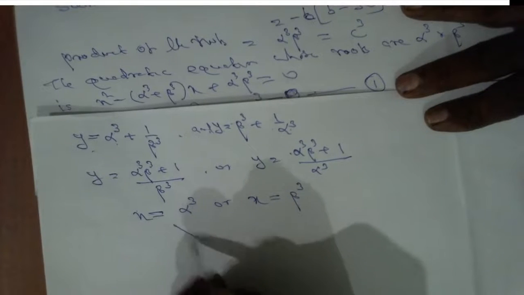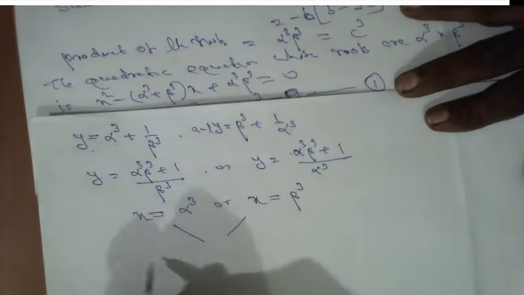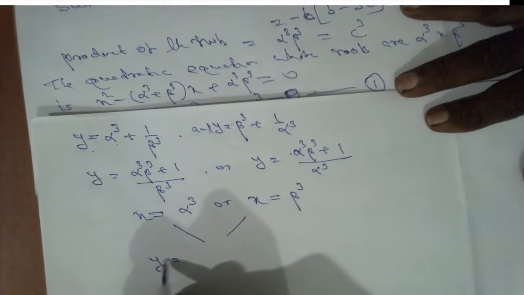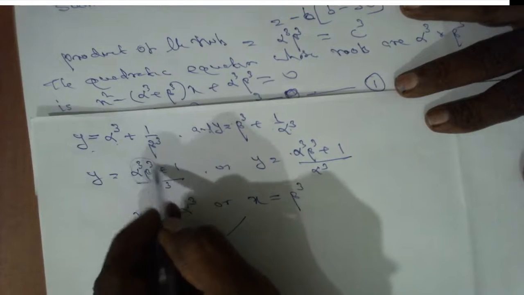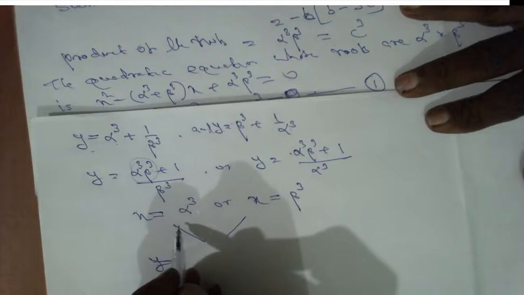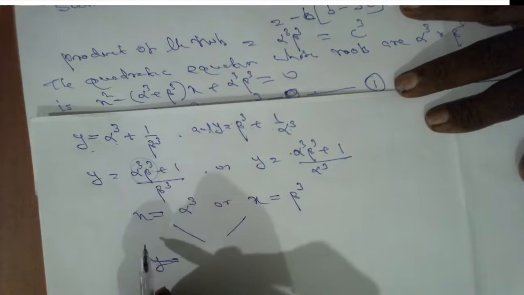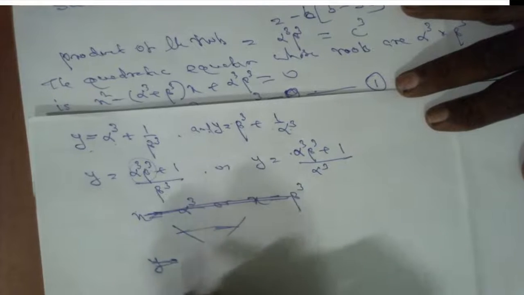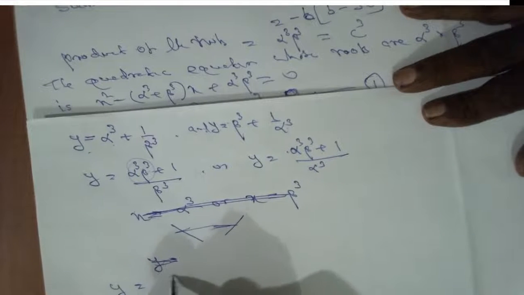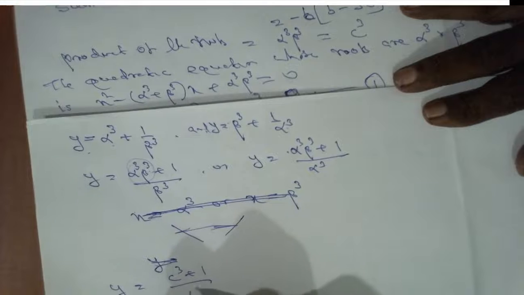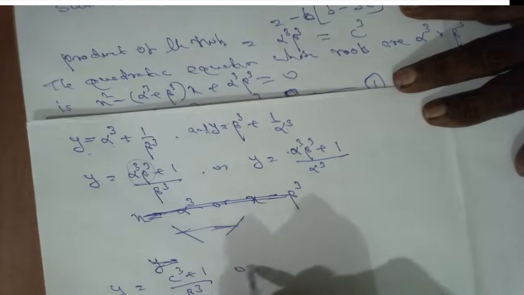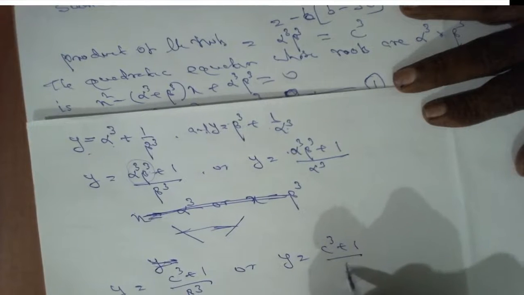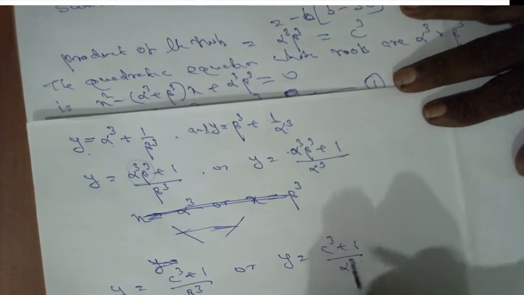Before that we substitute c cube for this one. You just substitute y equals c cube plus 1 over beta cube, or y equals c cube plus 1 over alpha cube, because alpha beta equals c.